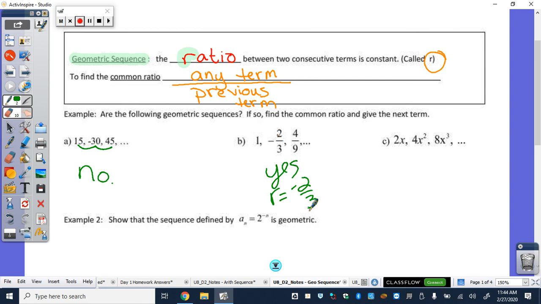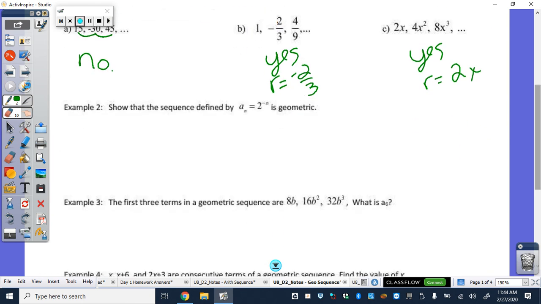And then letter C? Yeah, what are we multiplying by? 2x. So geometric, repeatedly multiplying. Since it's repeatedly multiplying, what kind of function would that mimic? Exponential. Exponential is our repeated multiplying one.